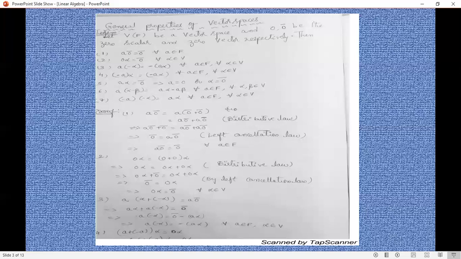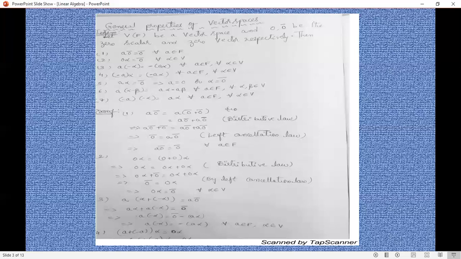So 0·alpha = 0 bar plus 0·alpha, where we are adding the identity 0 bar in V, which implies 0 bar = 0 alpha by the left cancellation law. Therefore, 0·alpha = 0 bar for all alpha belongs to V.